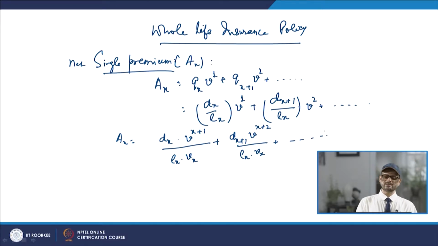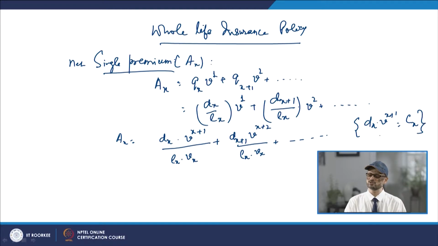Now we know that dx into v raised to the power x+1 becomes Cx, the commutation term that we derived earlier. And lx into v^x is capital Dx.